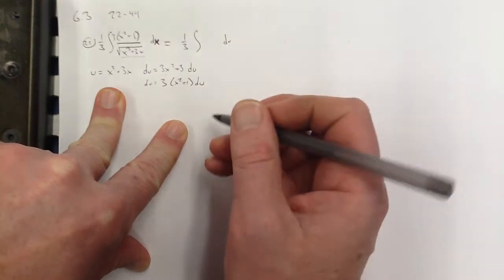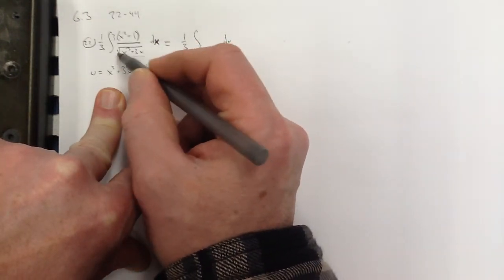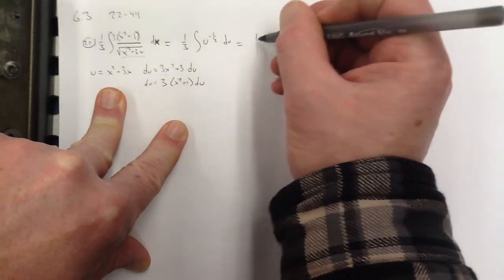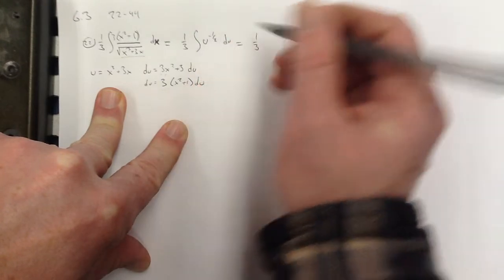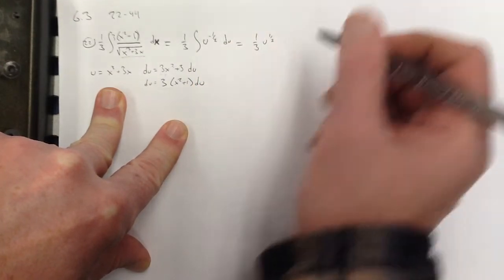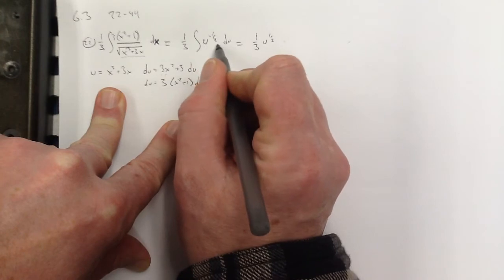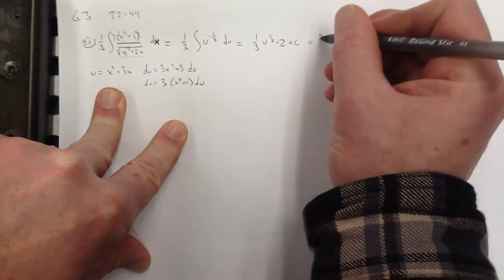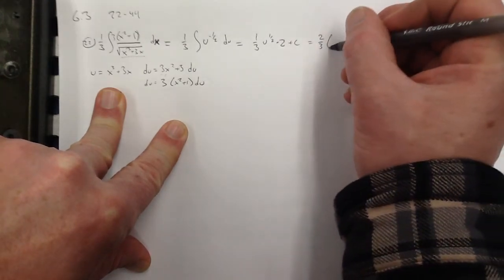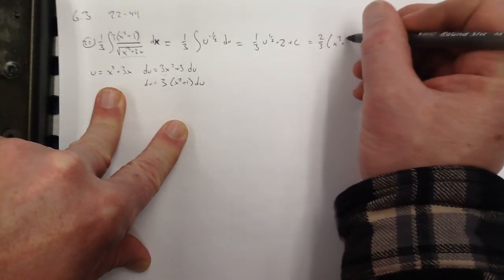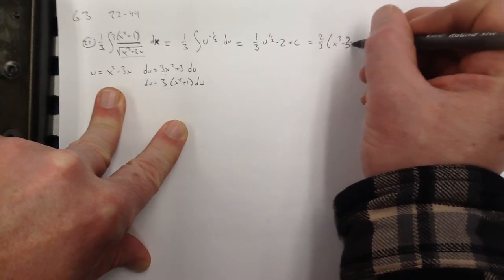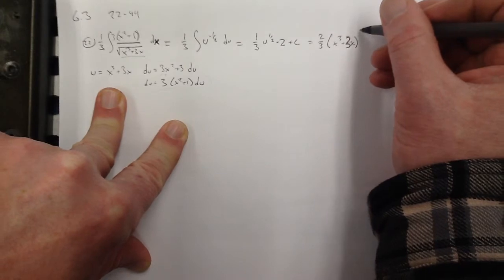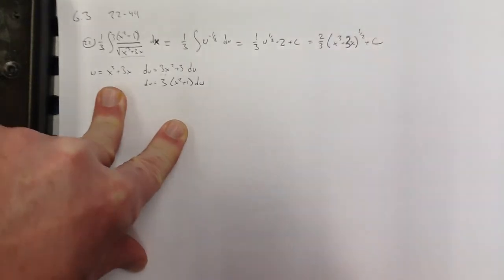Now it's a du, and then 1 over the square root of u, also known as u to the negative 1/2. So 1/3, bump that exponent up 1, and divide by the new exponent. Dividing by 1/2, same as multiplying by 2. So that's 2/3 times u, that's a 3, promise, to the 1/2 plus c.